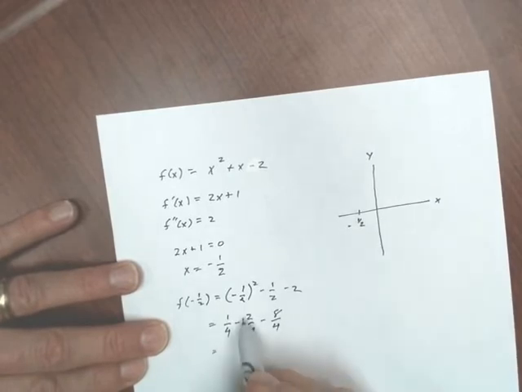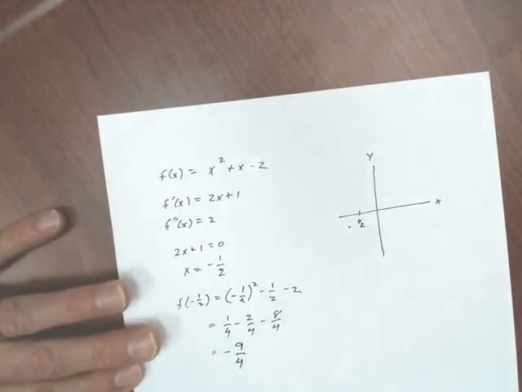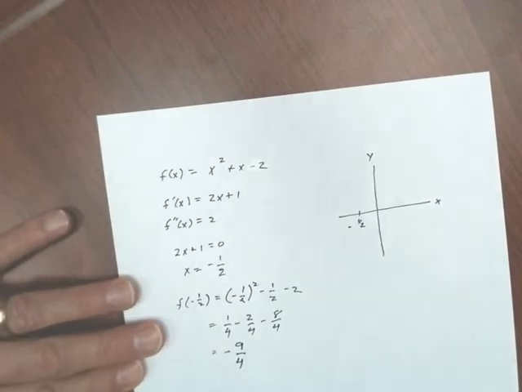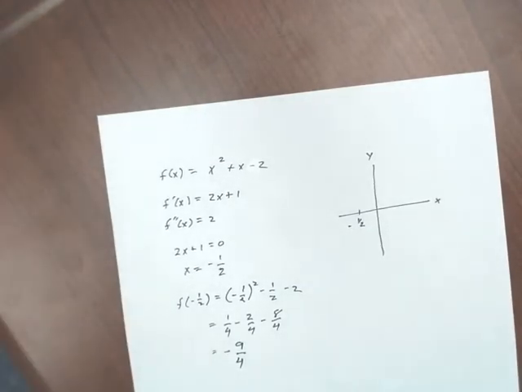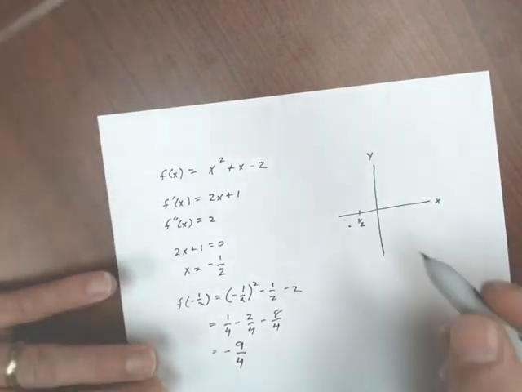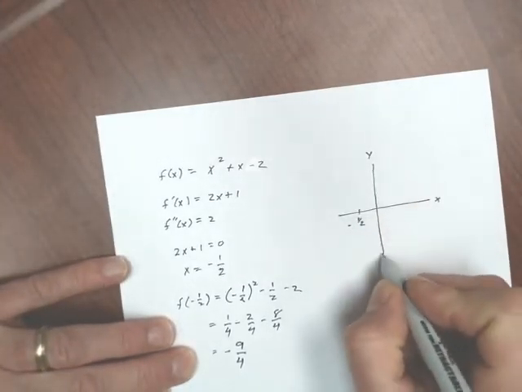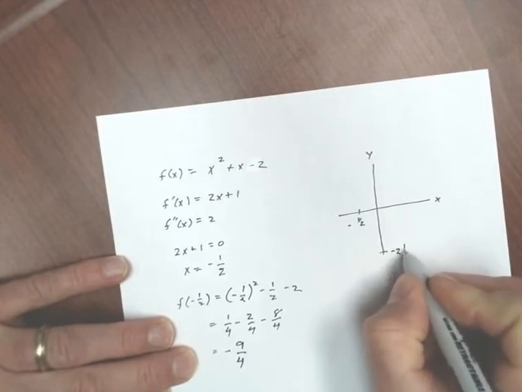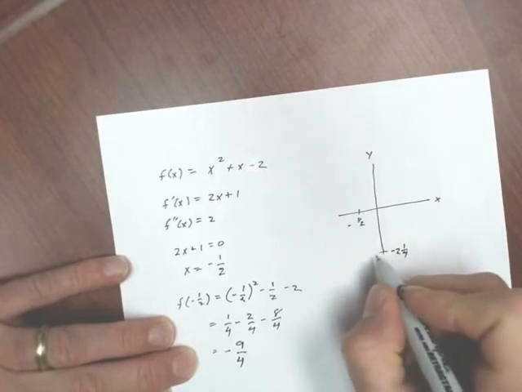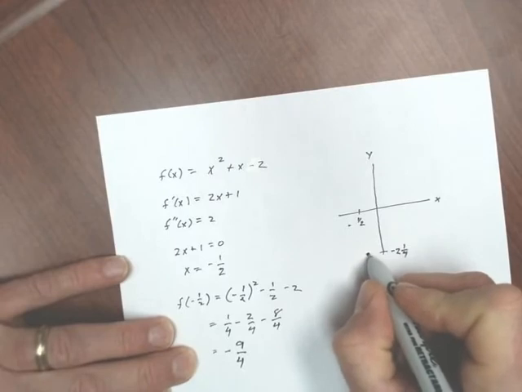So this equals -1/4 minus 8/4, which equals -9/4. Okay, and -9/4 is what, -2 1/4. So somewhere down here, -2 1/4, we're going to have our minimum.